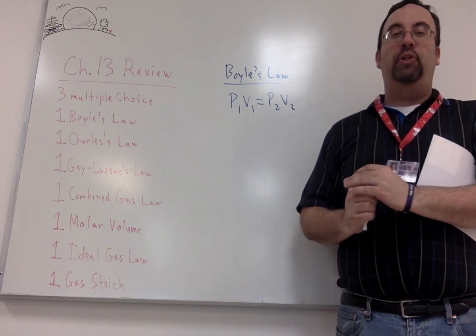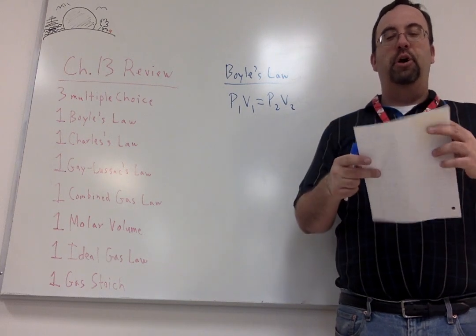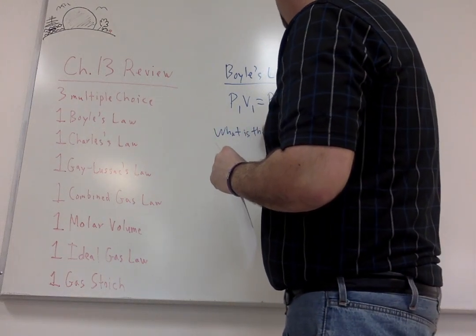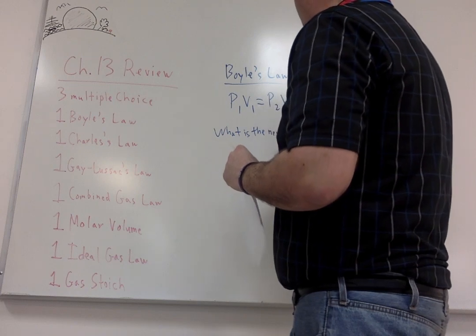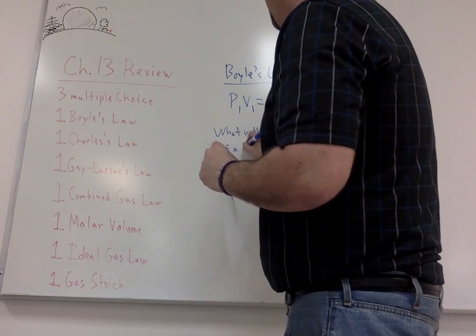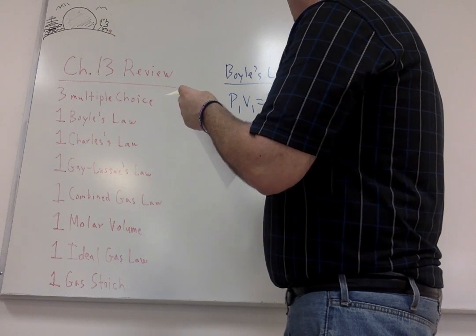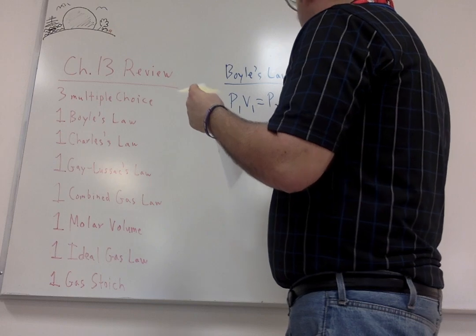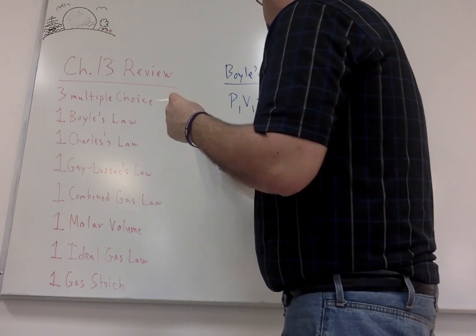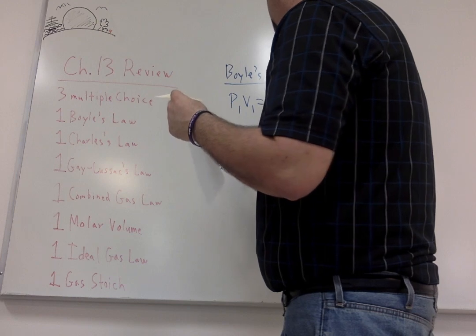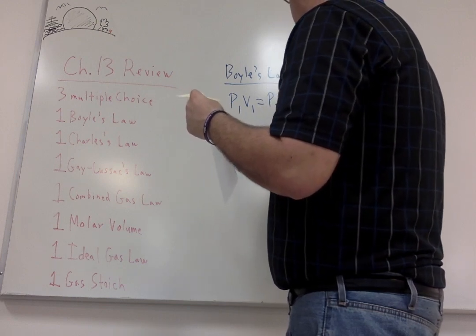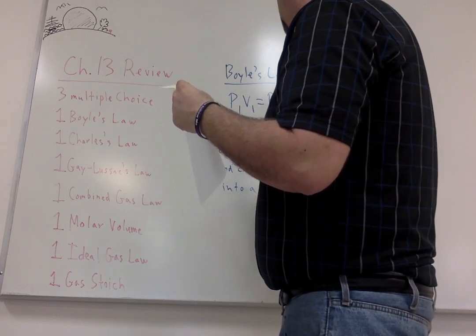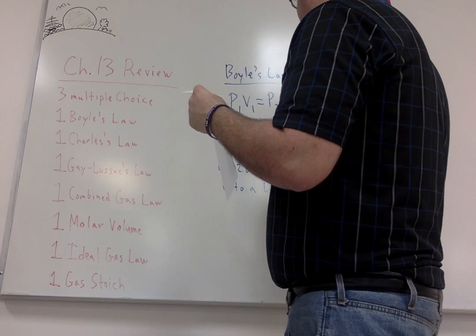And so let's take a look at a problem that uses this. The problem here: what is the new pressure of a gas at 0.82 atmospheres and 2 liters that is compressed into a 1.0 liter vessel?